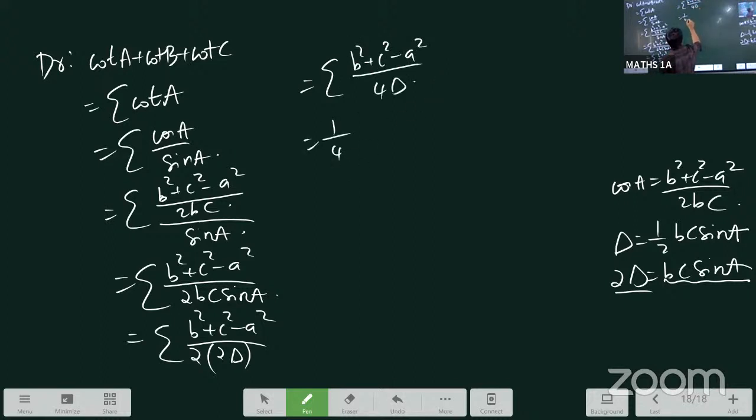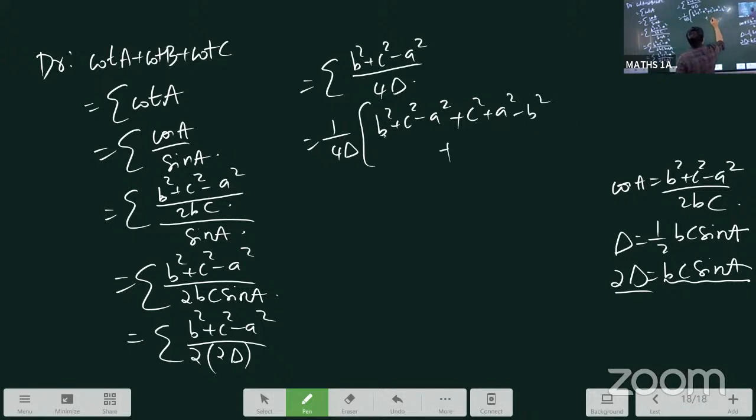Now 1 by 4 delta is right outside the summation. Please expand the summation. b square plus c square minus a square is the first term. Plus, after b what do I get? c square, a square minus b square, the second term.